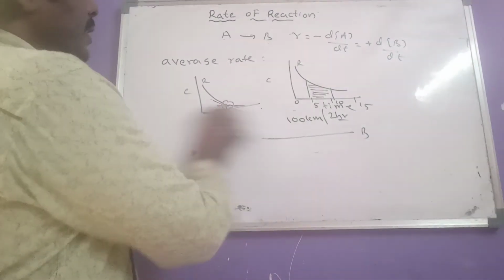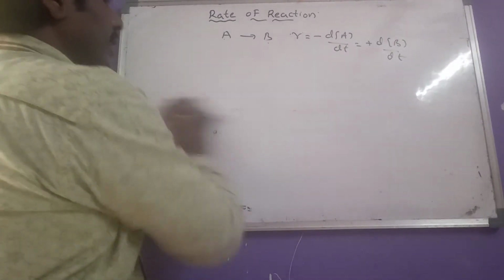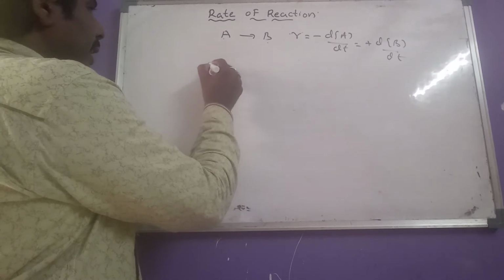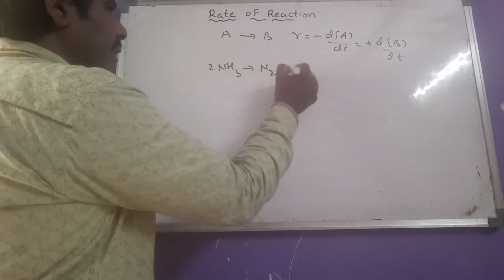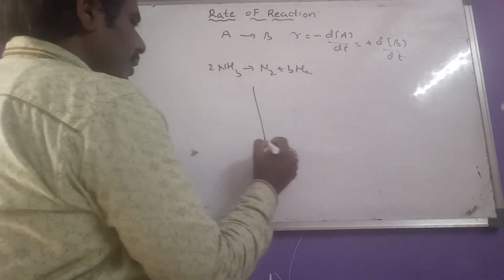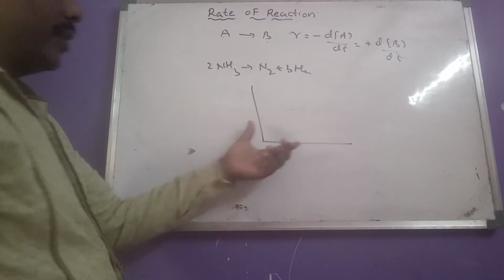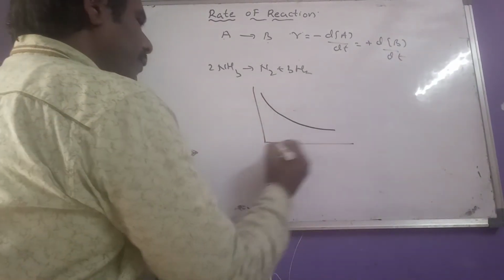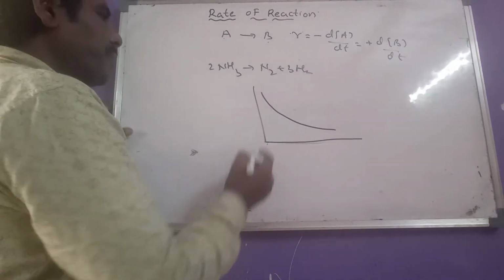Now, based on this, what are the questions we get here? See here, for example, decomposition of ammonia takes place like this. For this, the decrease in concentration with time is represented in a graph. Let it be the graph related to decomposition of ammonia.